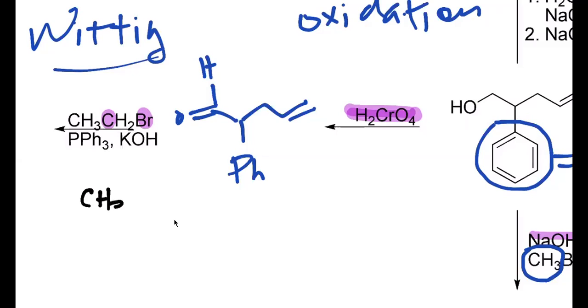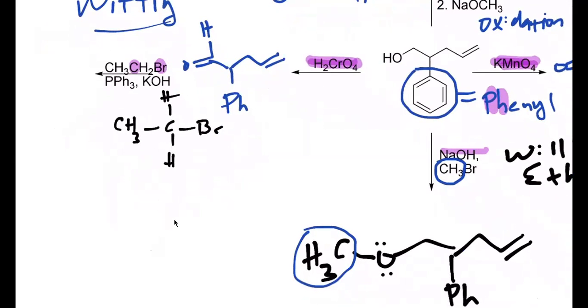So we have CH3, CH2, and I'm going to draw that out because I want you to really see what I'm talking about here. Right. So that's my alkyl halide, and if I remove one H and one Br, what am I left with?